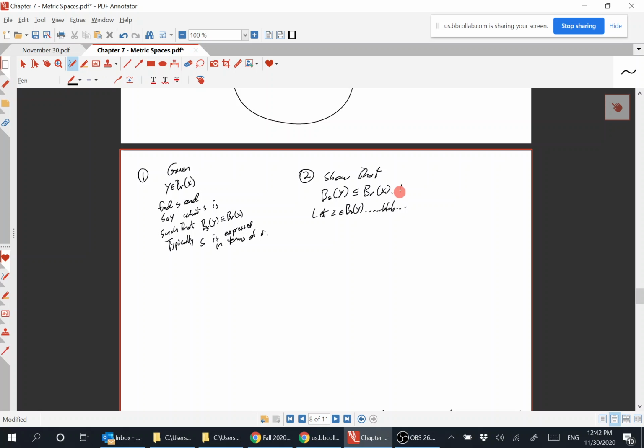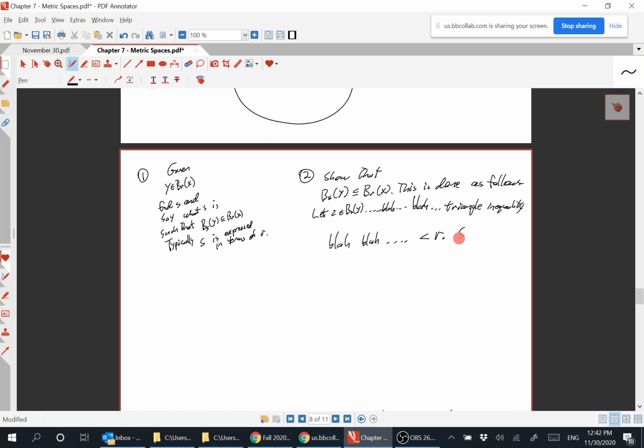Do this as follows. Let Z be in B_S(Y). Blah, blah, triangle inequality, blah, blah, less than R.